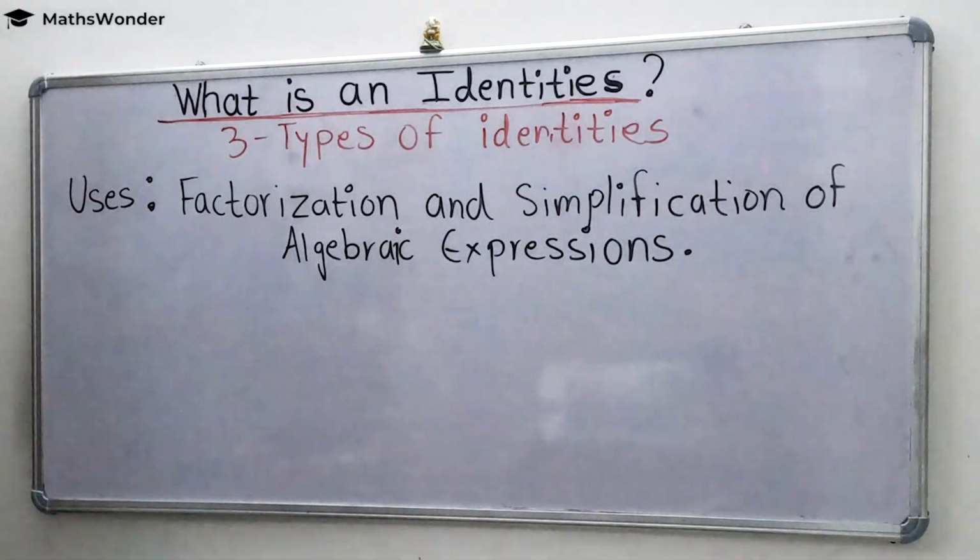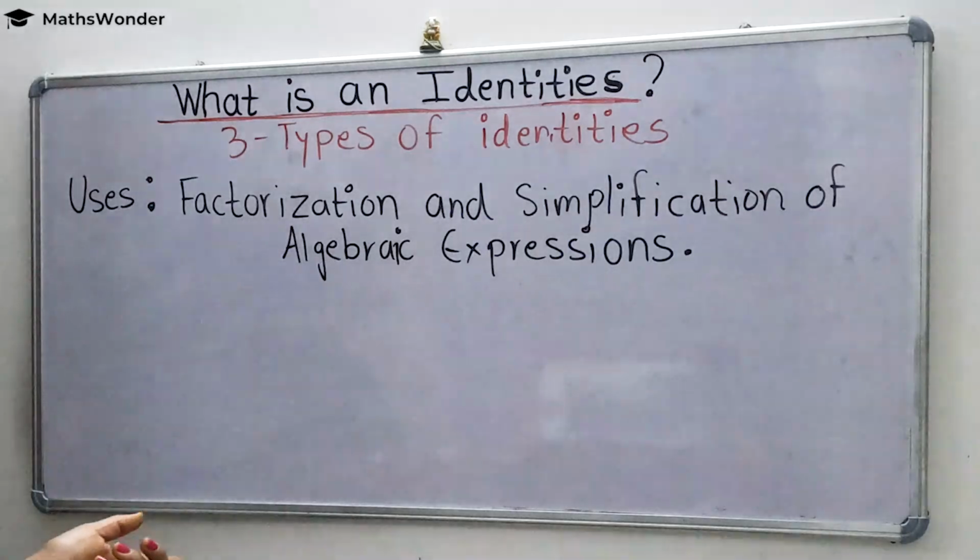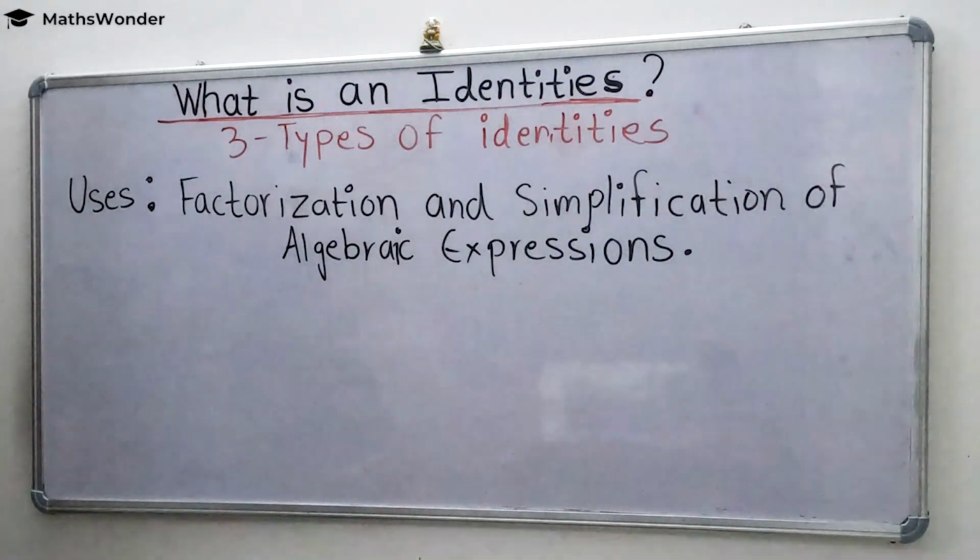These identities are obtained by multiplying a binomial by another binomial. So basically these identities work with binomial by binomial. Now come to identity number 1. Now we are discussing the identities in detail.